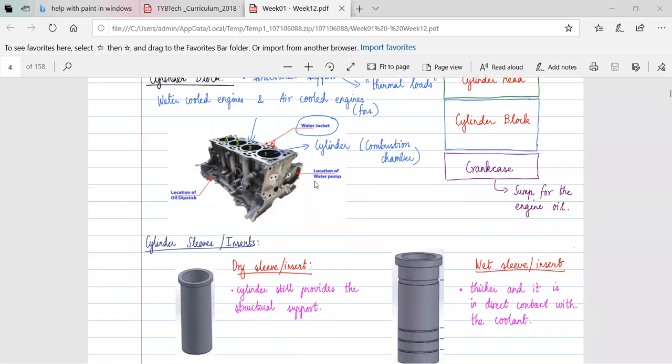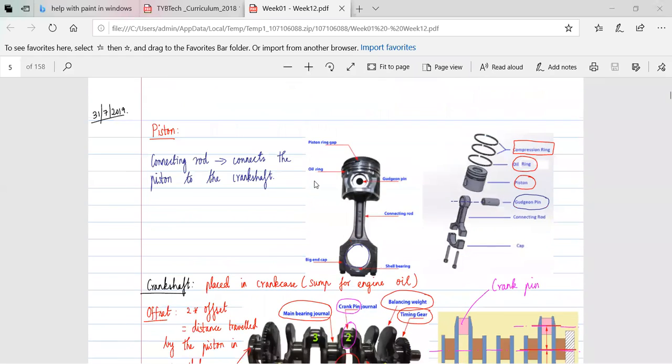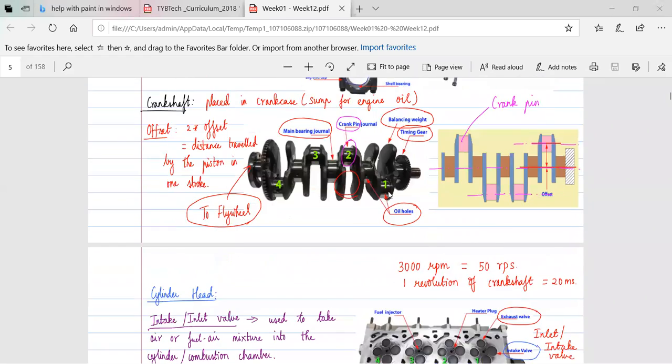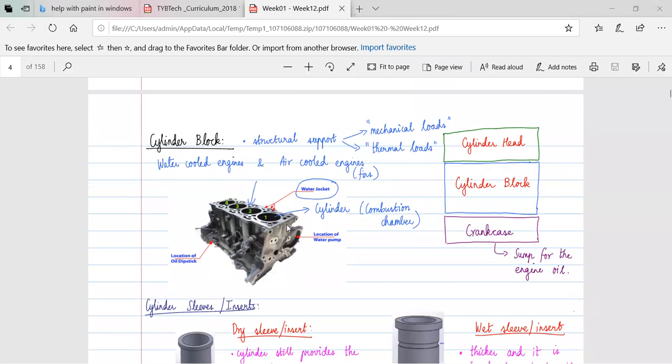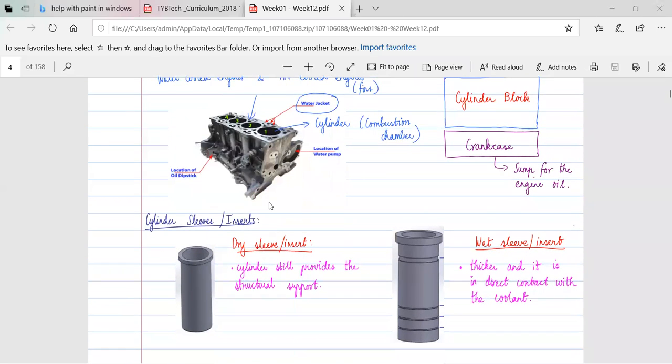Okay, that's it for today's lecture. Basically, for this subject, I need a lot of preparation, right? These are the different components. We'll see each and every component tomorrow, right? Now it's easy to understand these components, right?